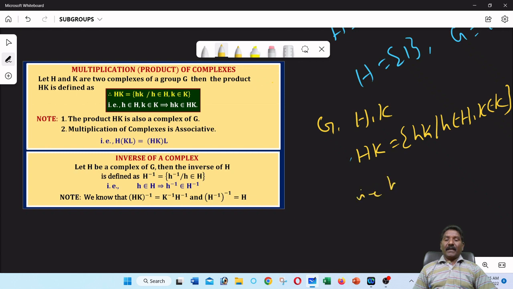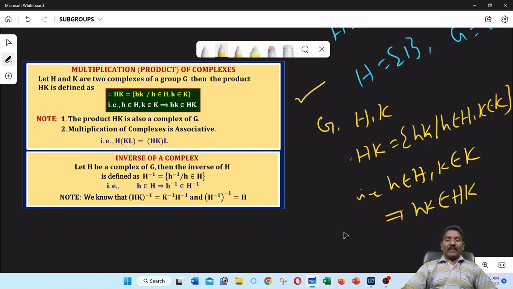That is, h belongs to H, k belongs to K gives hk belongs to HK. This is the product of two complexes. The product HK is also a complex of G. Multiplication of complexes is also associative. If H, K, L are three complexes of a group G, then H(KL) equals (HK)L. This is the product of two complexes definition.